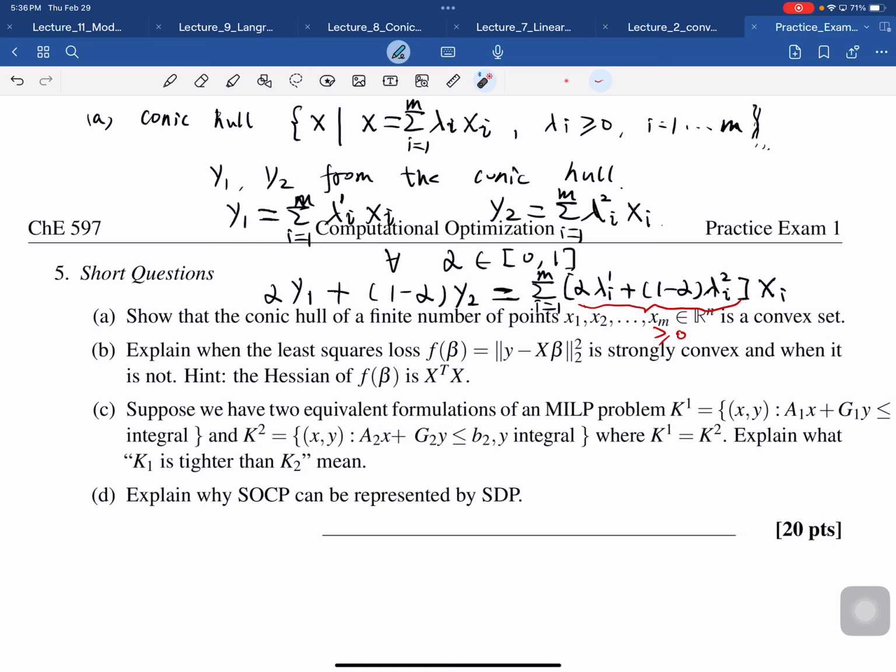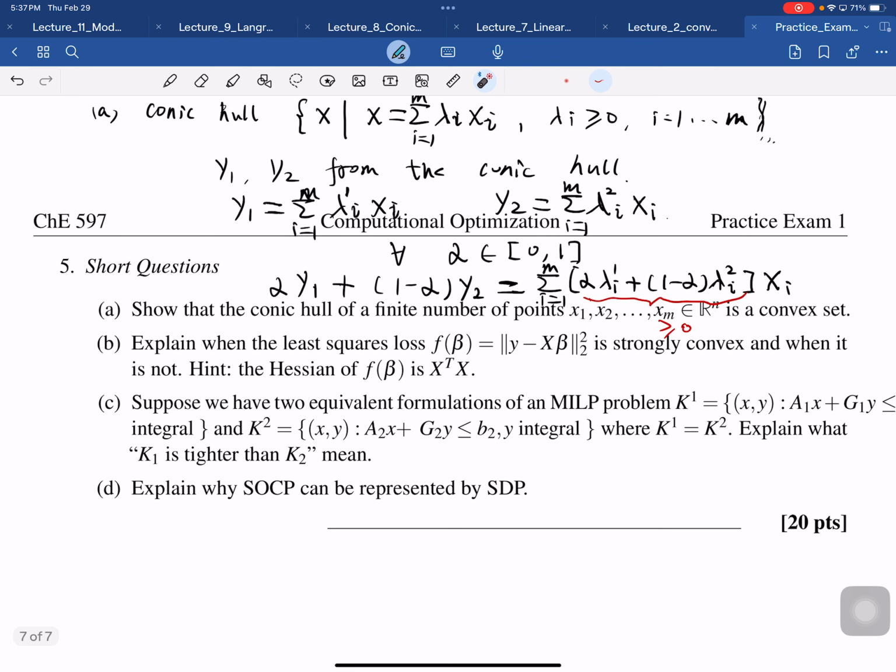You have n data points, and you want to fit the parameter beta such that you can predict y very well using these beta coefficients. So you can think about beta as the coefficients in your linear regression problem.